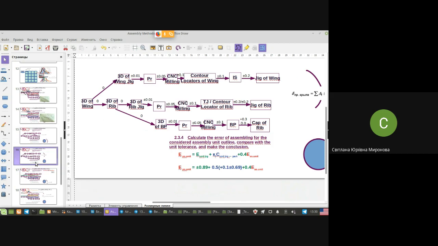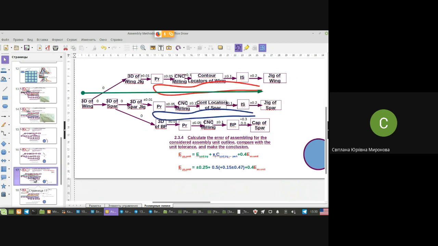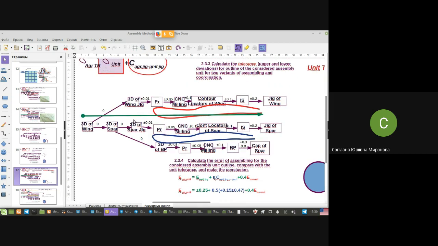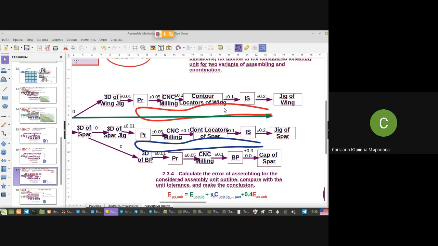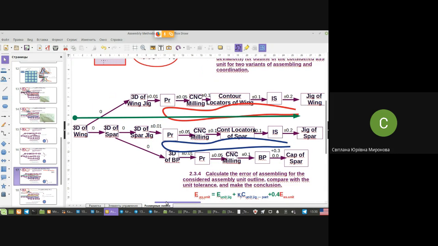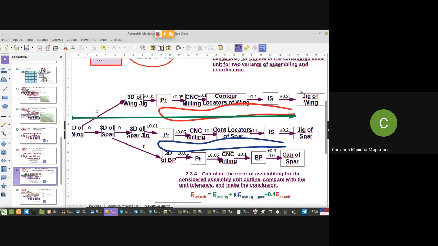Pay attention to the case that we have considered right now with this part, when both jigs are being produced not in the instrumental stand, but using the instrumental stand. You see, in the chains of both the jig of the wing and the jig of the spar, you have the instrumental stand and a locator made in a CNC machine.